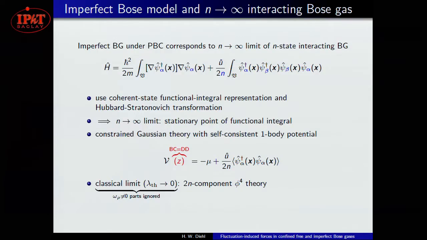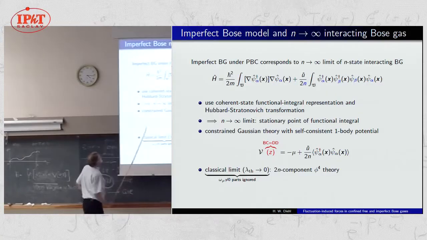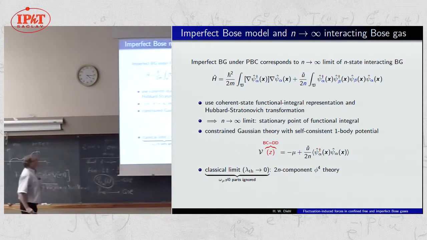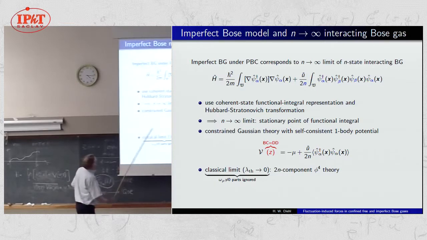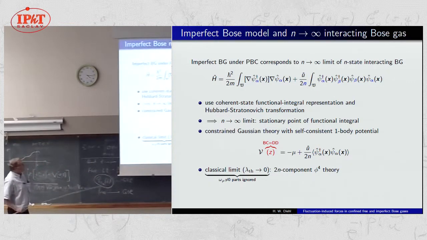The way to see this is to really look at the n going to infinity limit of this Bose gas model with typical short-range interactions. One can use a coherent state functional integral representation and then look at the large n limit and a stationary point.